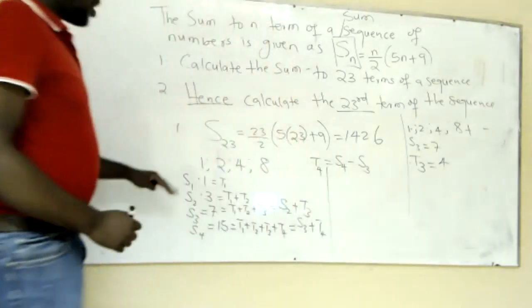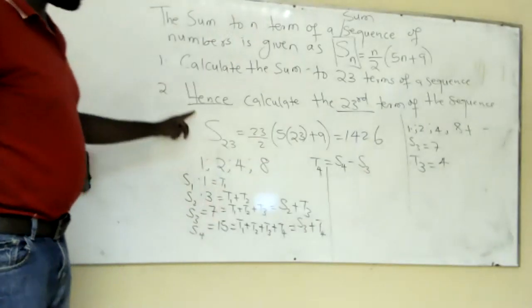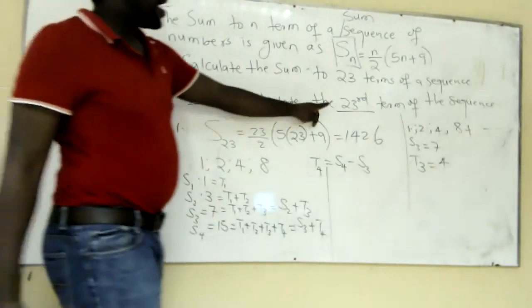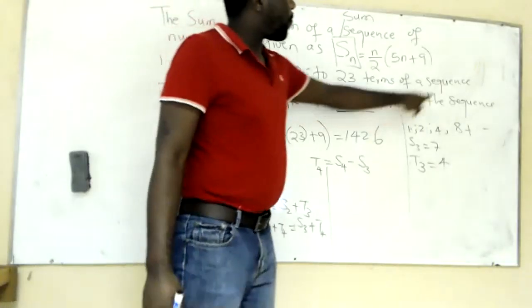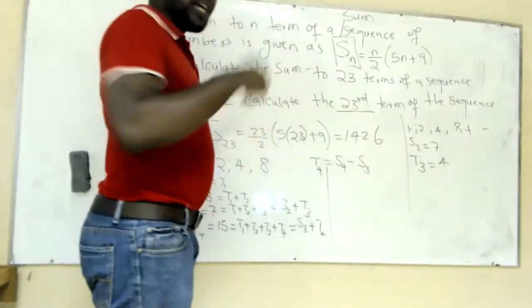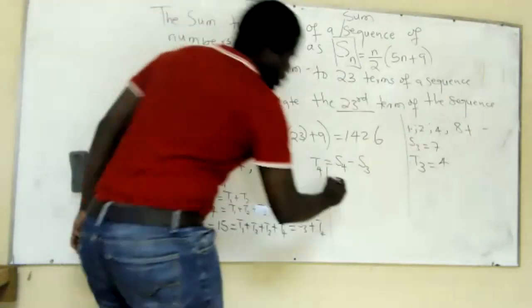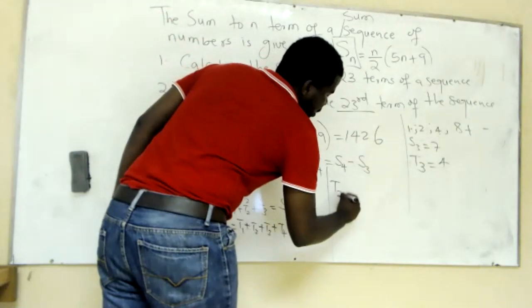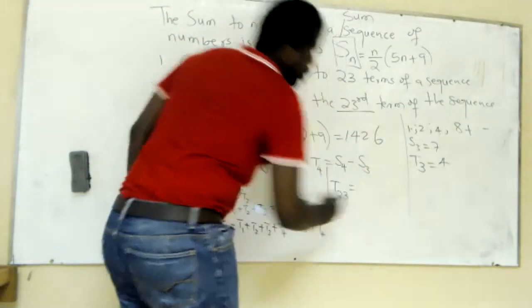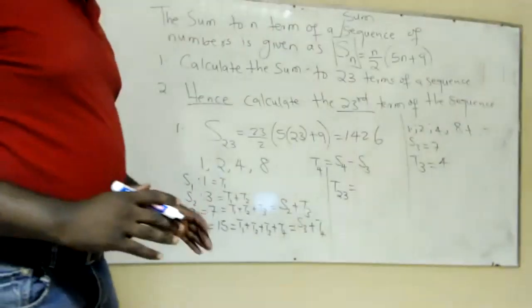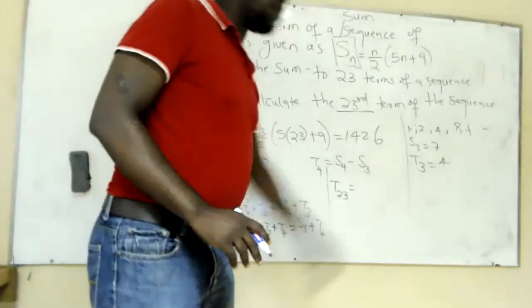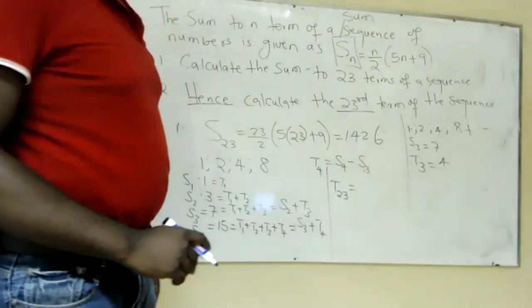Now, let's go back to the question. Let's answer the question now by using the information we have done there. We say calculate the 23rd term of the sequence. How are we going to get the 23rd term? It's going to be T23 equal to what? Can anyone tell me what T23 is going to be equal to?